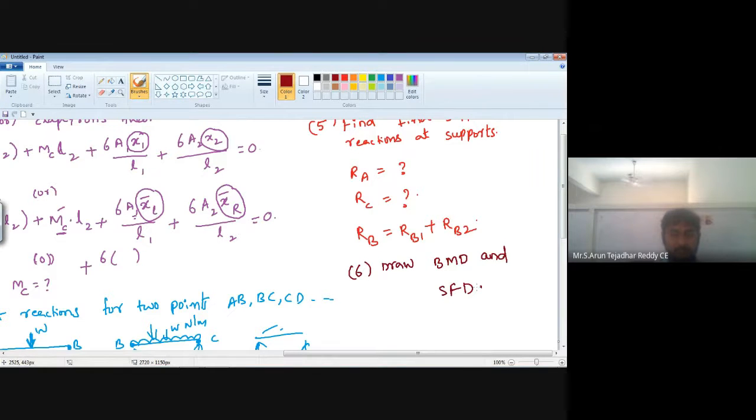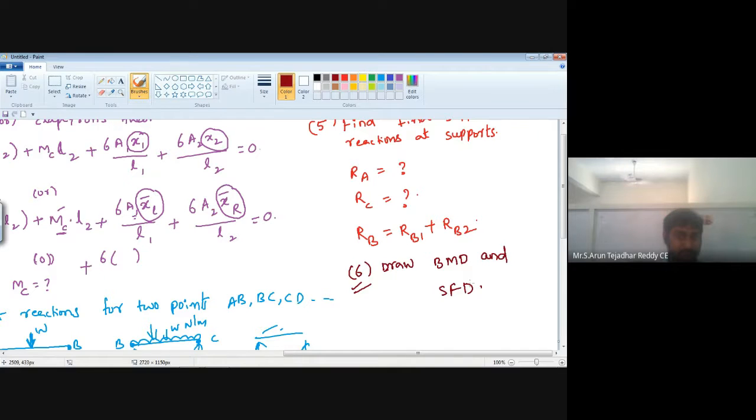The sixth point is very important. Whatever values we got up to now, forget about all the values. Just focus on your bending moment diagram and shear force diagram.